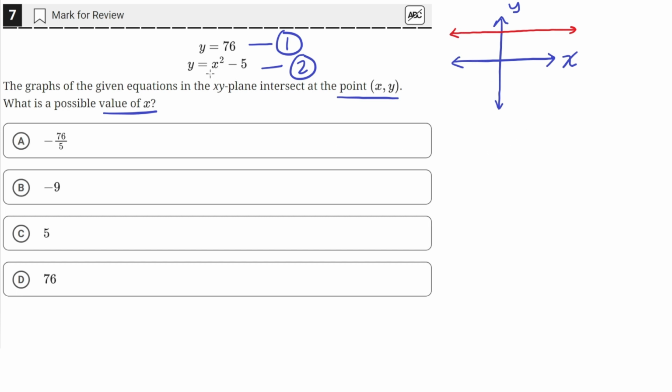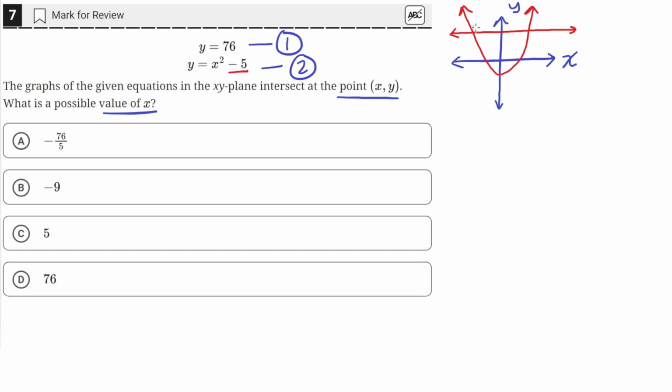And then the graph y equals x squared minus 5 is just a parabola that is concave up, since the coefficient of x squared is positive. So it'll look something like this. The vertex of this quadratic is not at the origin since it's shifted down by 5 units. So it'll be somewhere down here.